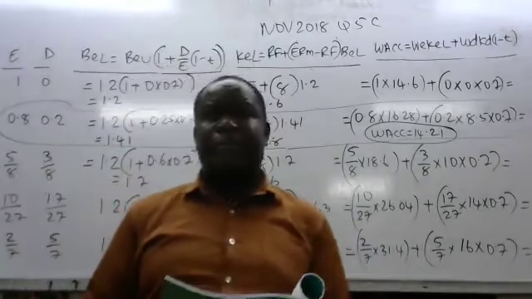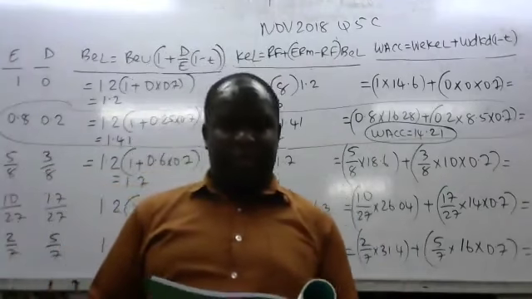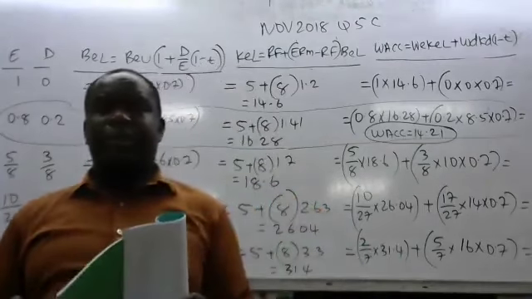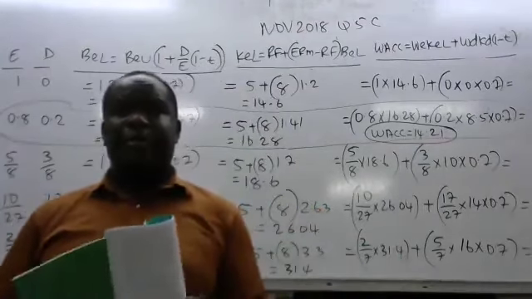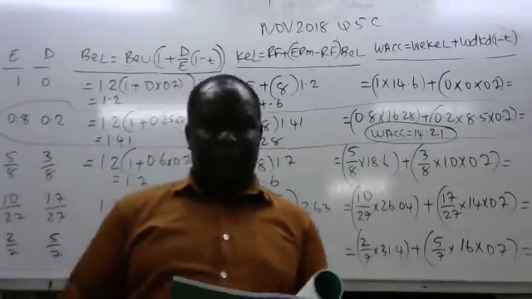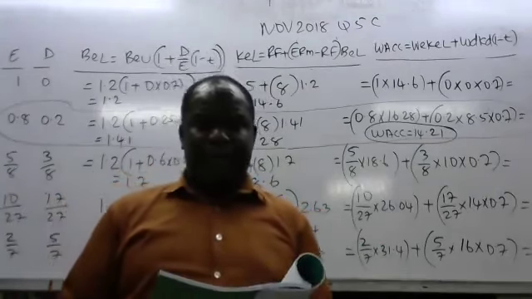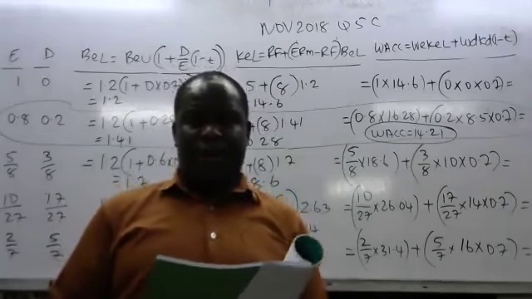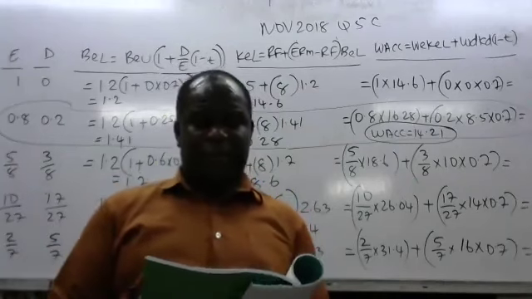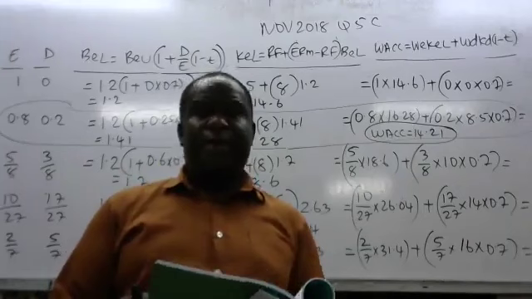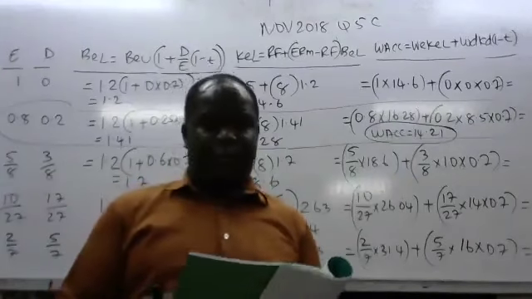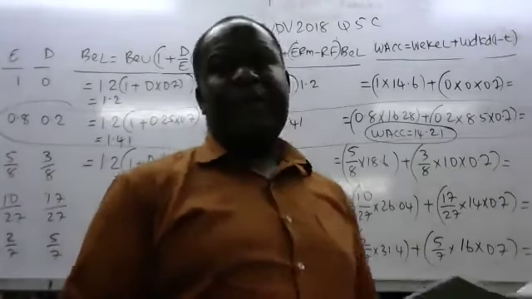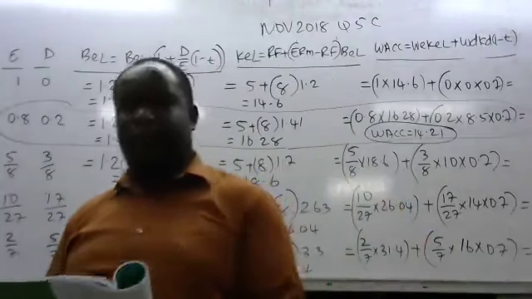Net income theory. So under that, we note that according to this theory, the financial risk will not affect the individual cost of capital.